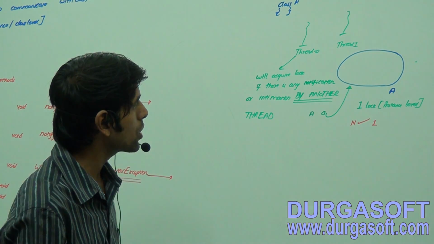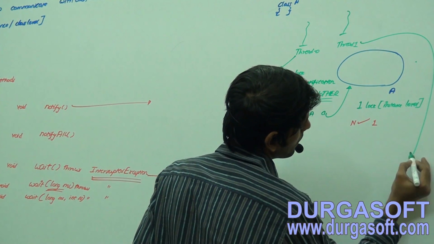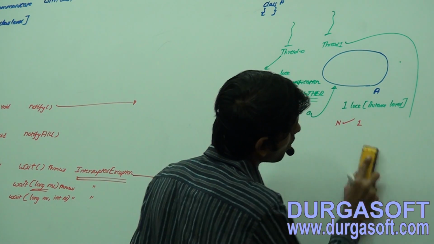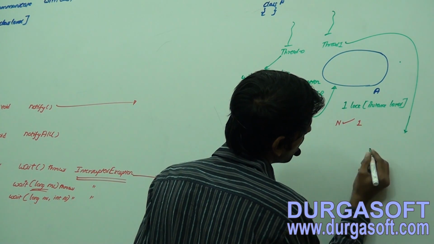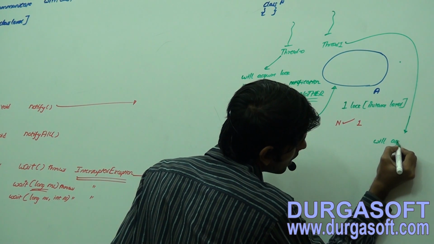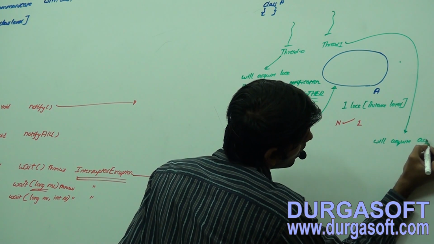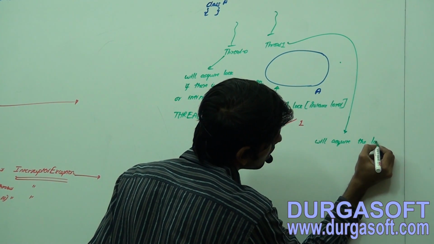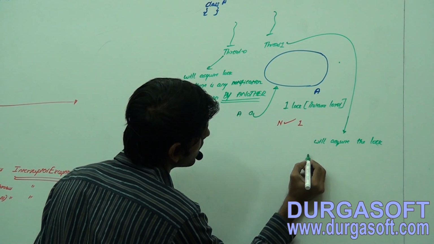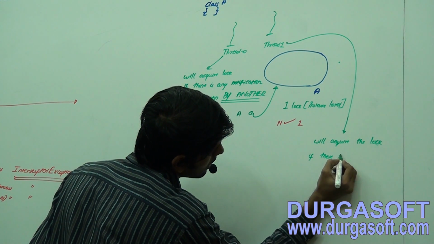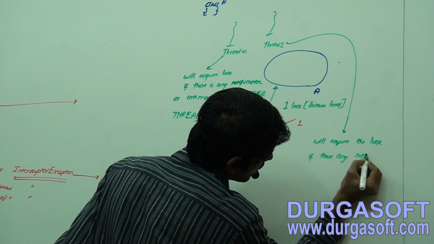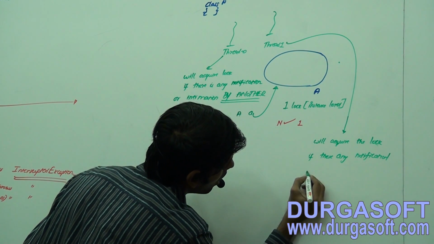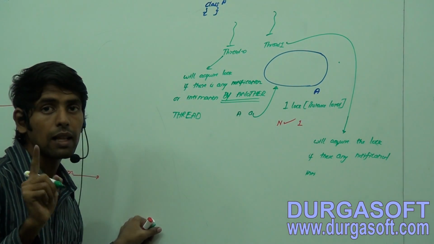And when this thread 1 is going to acquire the lock, it will acquire the lock if there is any notification or intimation by another thread.